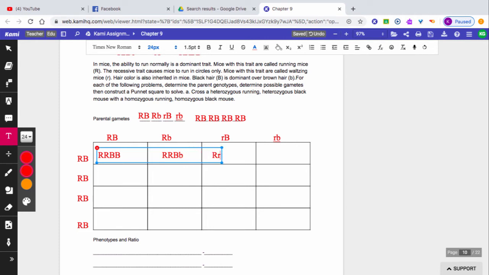So I'm just combining them. Trying to be careful that I don't make a mistake. So you should see that these are going to be very redundant.